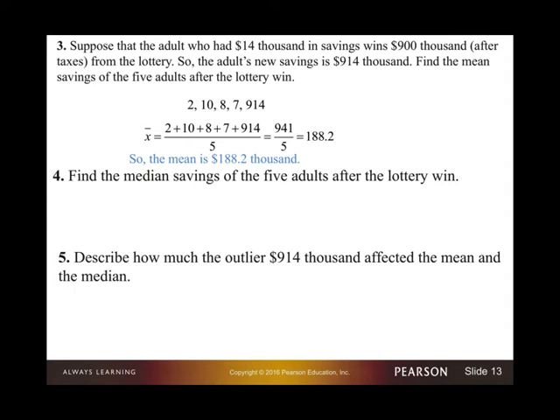Okay, and then number 4, find the median savings of the 5 adults after the lottery win. So again, this is my new data set. In order to find the median, I want you guys to rearrange the data from the smallest to the largest. And then after you rearrange the data, find out the median.